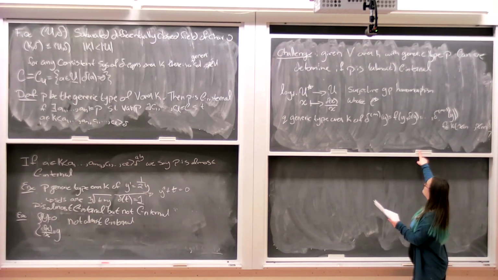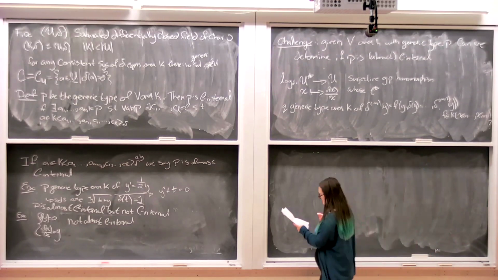Okay, and then we want to look at the pullback under the log derivative map of this.